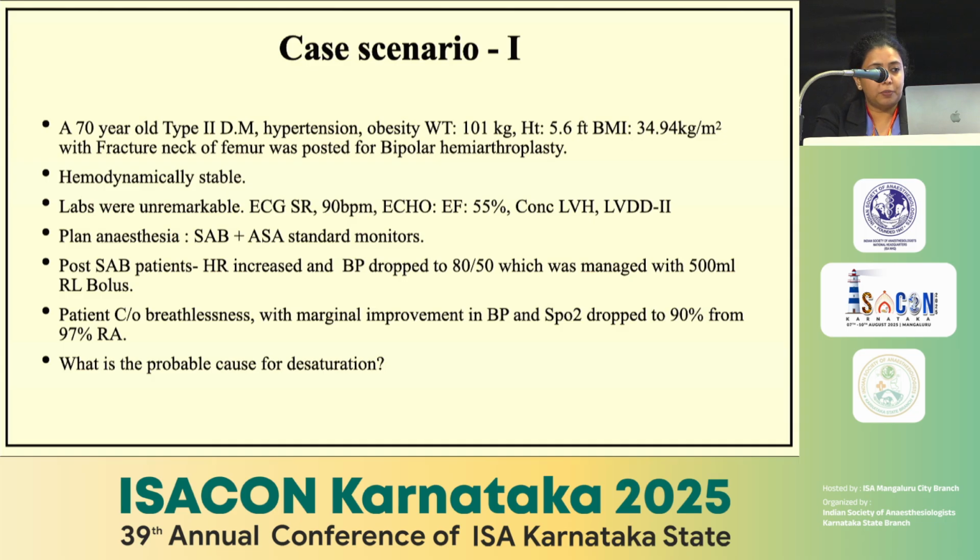Post-subarachnoid block, the heart rate increased and the BP dropped to about 80/50, which was managed with a 500 ml fluid bolus. 15 minutes later, the patient complained of breathlessness with marginal improvement in blood pressure, and saturation dropped to about 90% in room air. What do you think is a probable cause for his desaturation? Now let's revisit this case a little later.